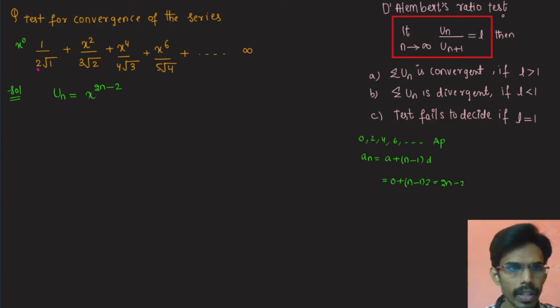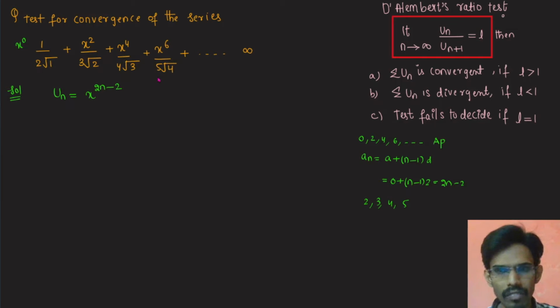Now in the denominator, see here before this root we have 2, 3, 4, 5. The term before the root is also in arithmetic progression, and its general term will be a, the first term, plus n minus 1 into the common difference, which is 1.